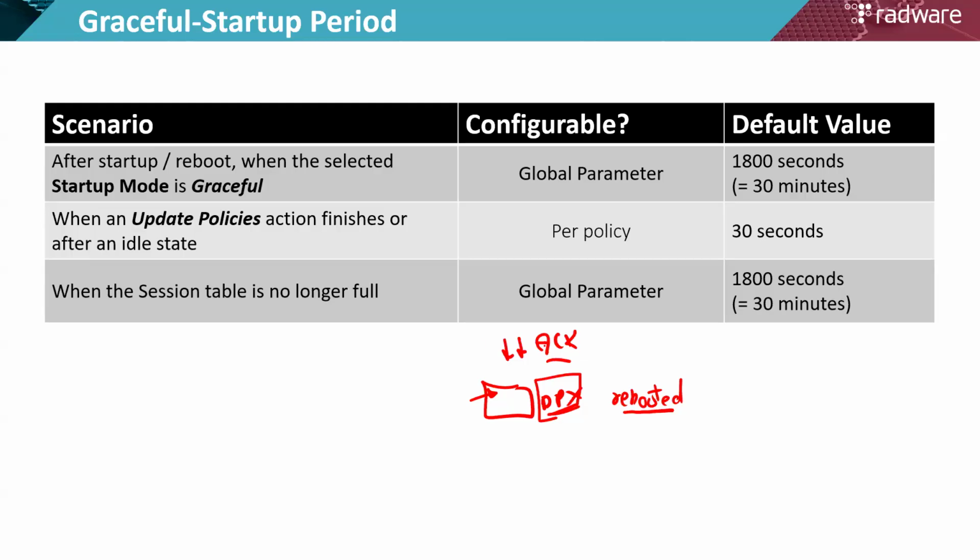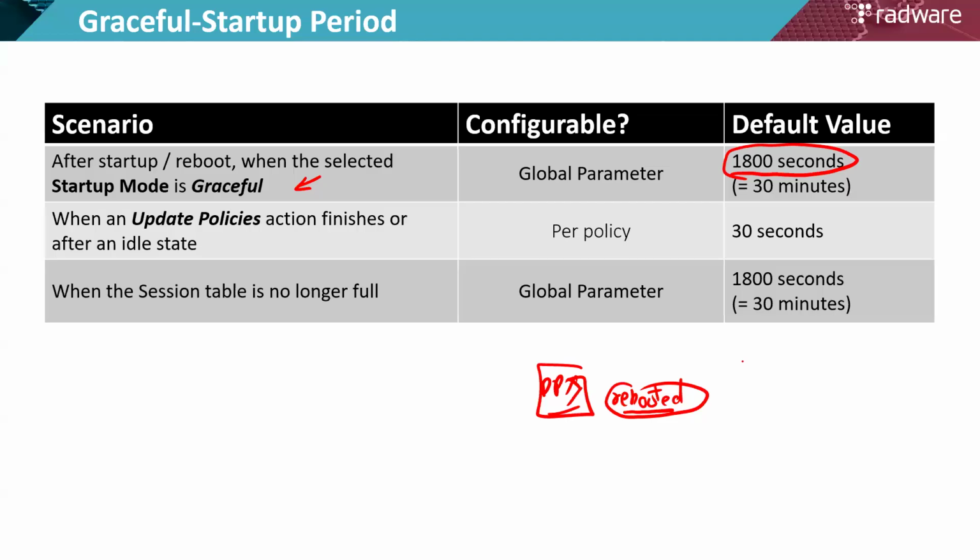So if the DefensePro gets rebooted for some reason, there is a grace period set, of 1,800 seconds or 30 minutes by default. After the reboot, we turn off the out of state protection till the 30 minutes are over.